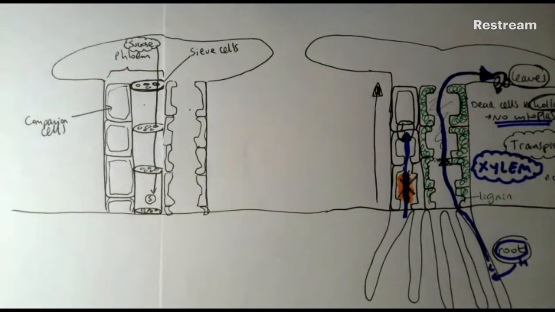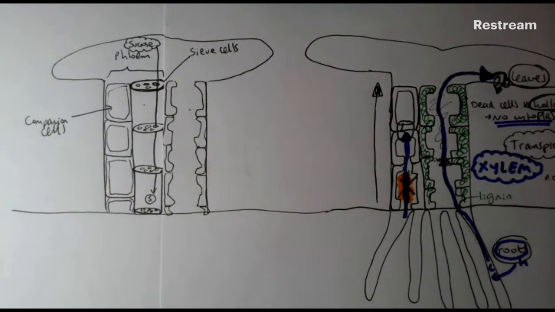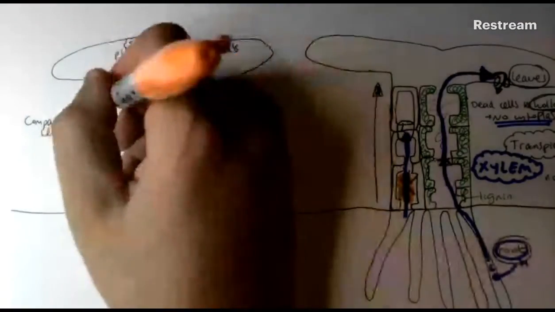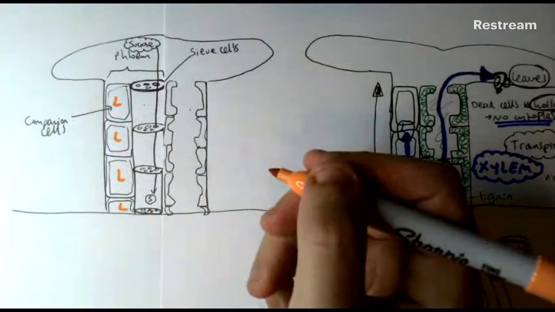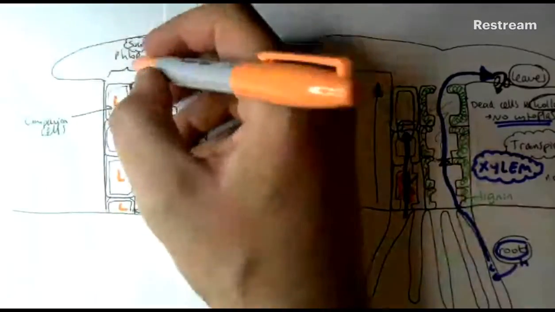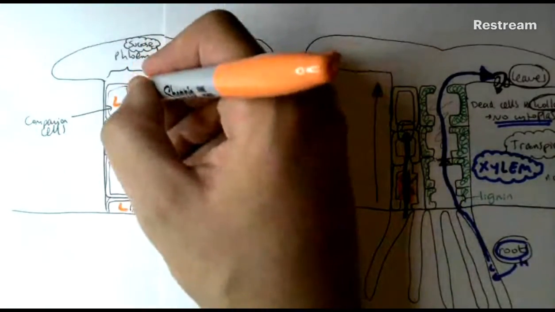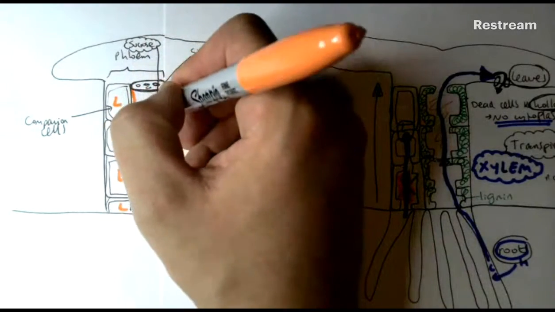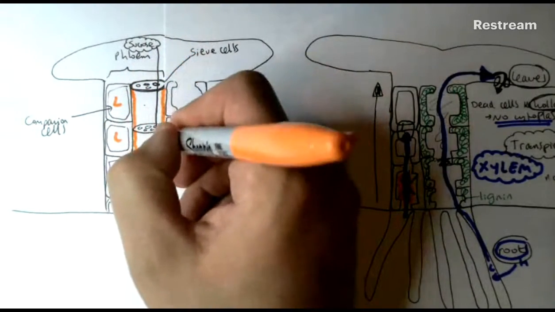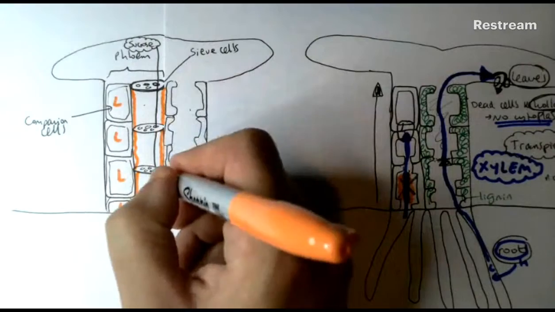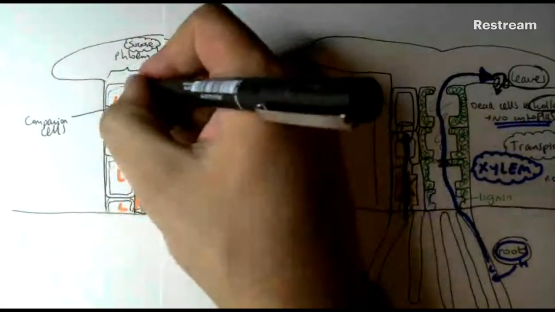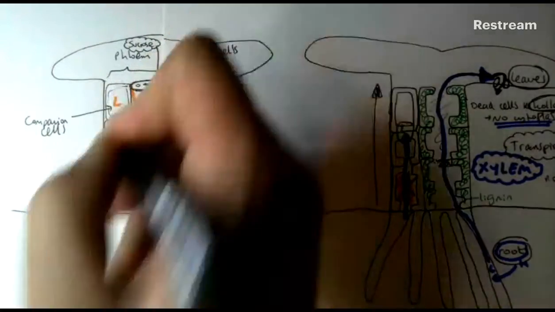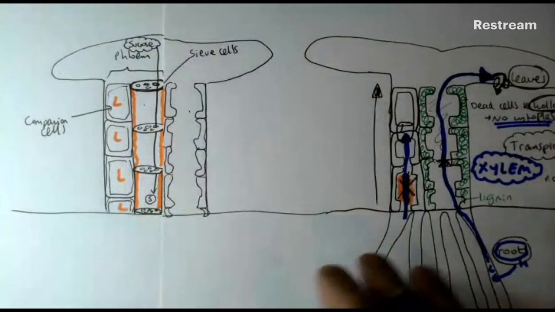Now let's think about the phloem and the companion cells in a little bit more detail. So the companion cells are living, and the sieve tubes have got a little bit of cytoplasm, a tiny bit, but there's still space here for the sucrose to be transported through the plant.